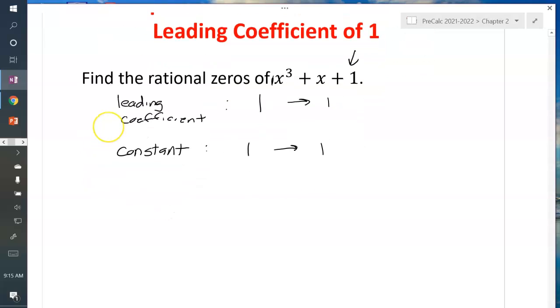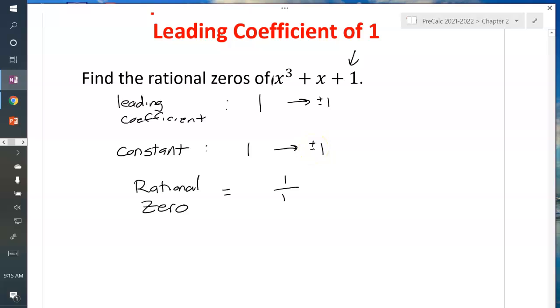So what I end up with is my rational zeros is going to equal all my possible constant terms, which is 1, over all my possible factors of the leading coefficient, which is also 1. And this is a plus and minus.